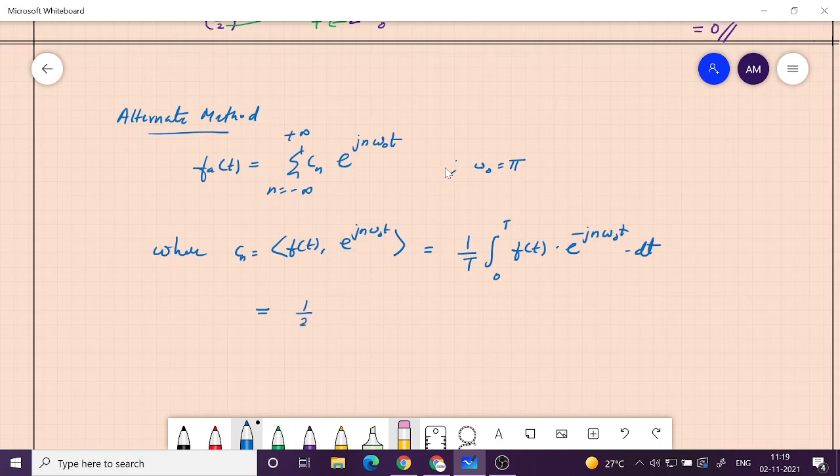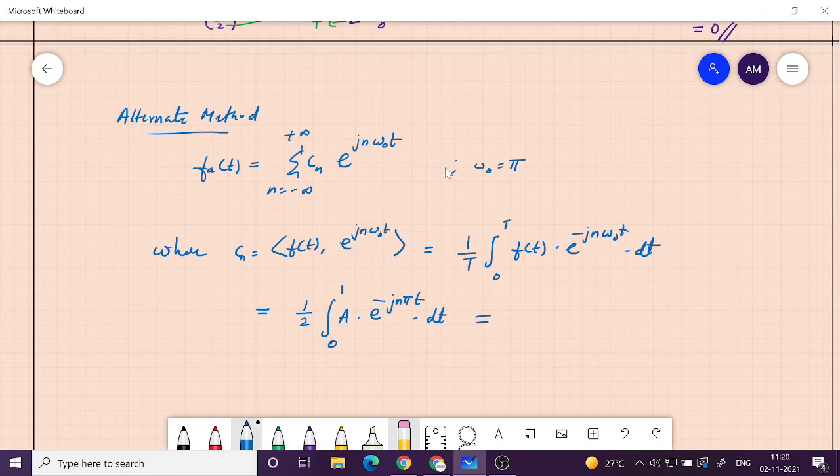So 1 by 2 integral 0 to 2. I don't need to do that, I only need to do up to 1, because f of t is a till then and 0 afterwards, and then e raised to minus jn pi t dt.